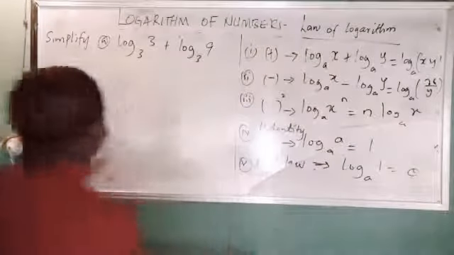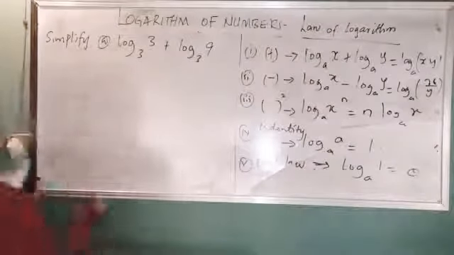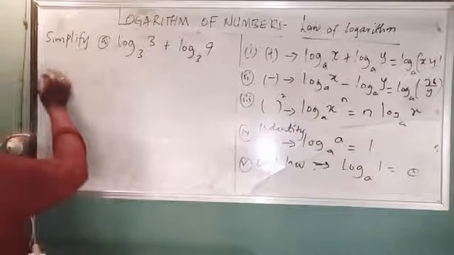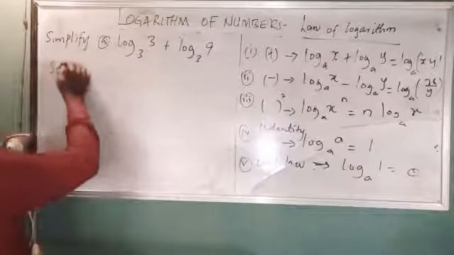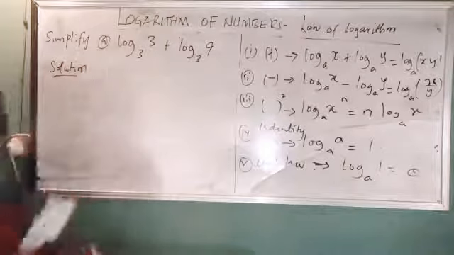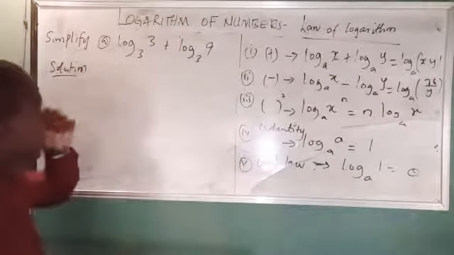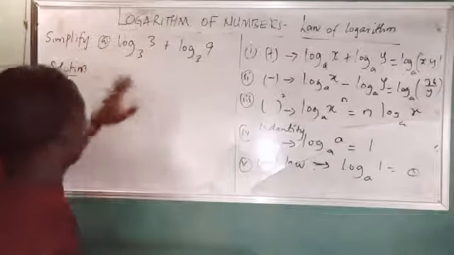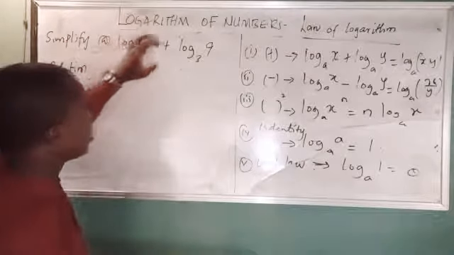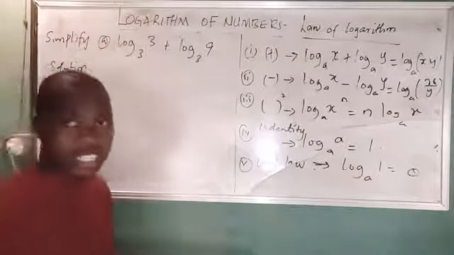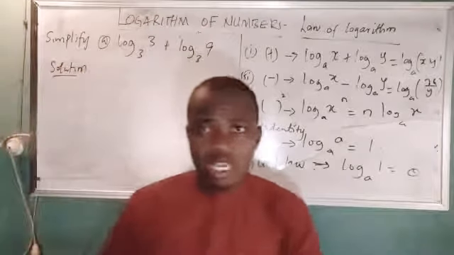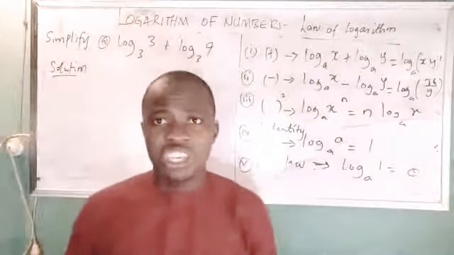Now from here, if you want to look at this solution, you can see that we have this expression: log of 3 base 3 plus log of 9 base 3. You can see that the two terms have the same base.